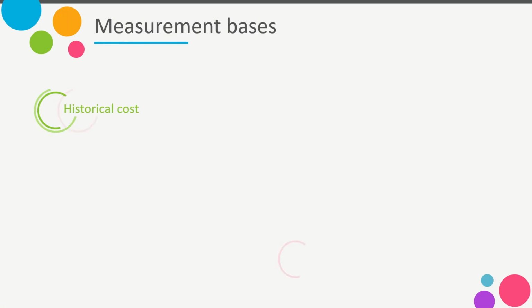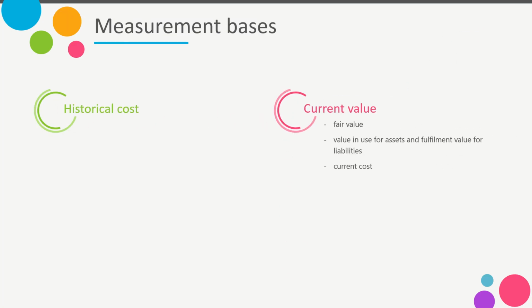So, in accordance with the 2018 version of the conceptual framework, we have only two measurement bases. But before I proceed to the two measurement bases, let me give you an idea: how many measurement bases were there in the 2010 version?